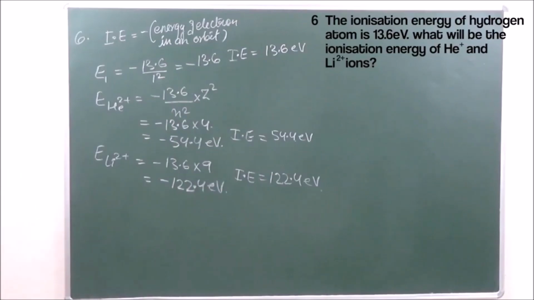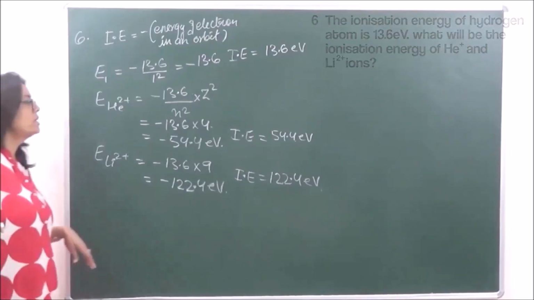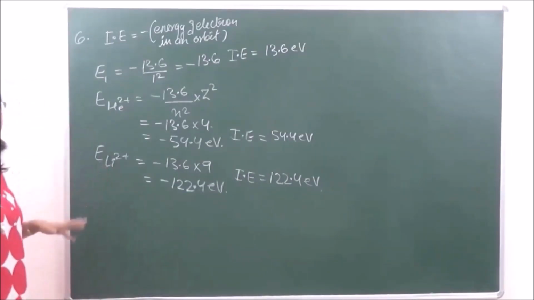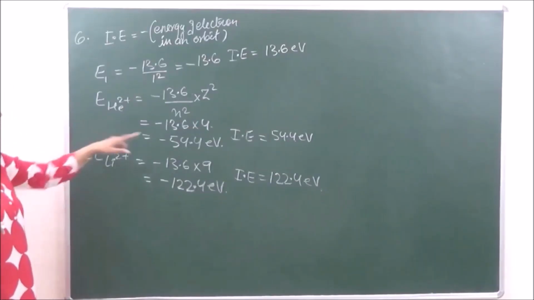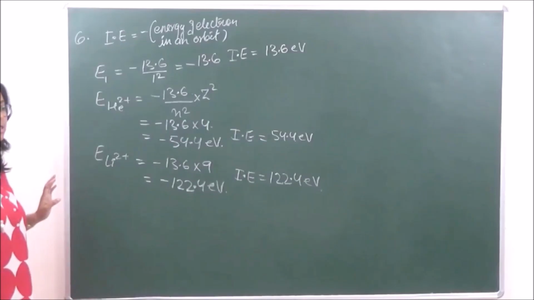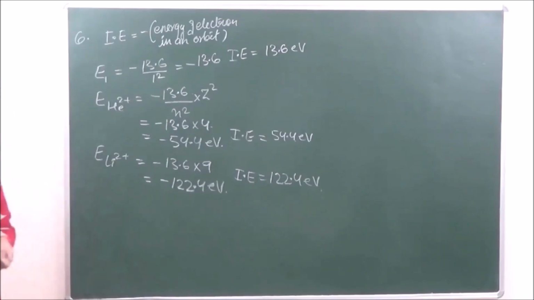Have you understood? To calculate the ionization energies, we only have to change the sign. We calculate the energies first by this method and then change the sign. Ionization energies are positive. Okay, then let's go on to question number 7.